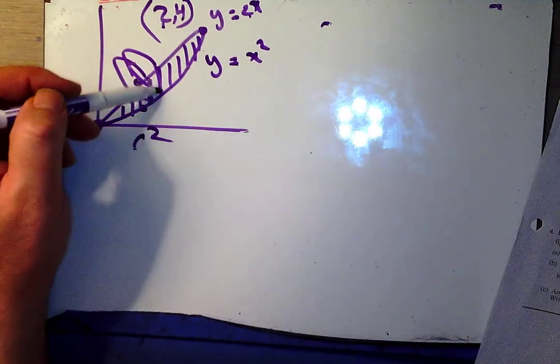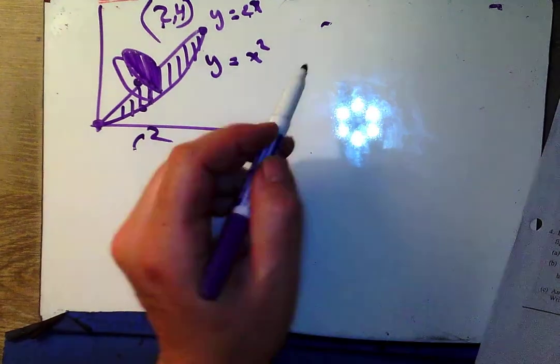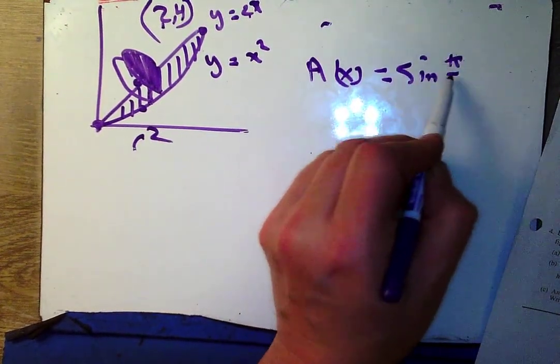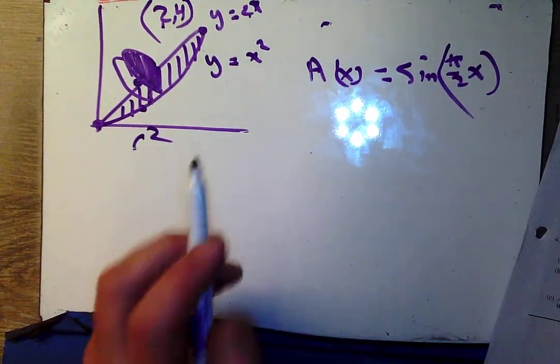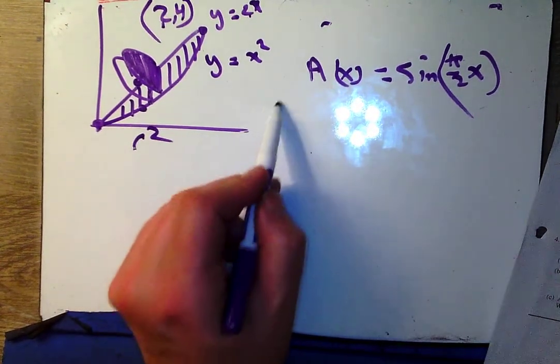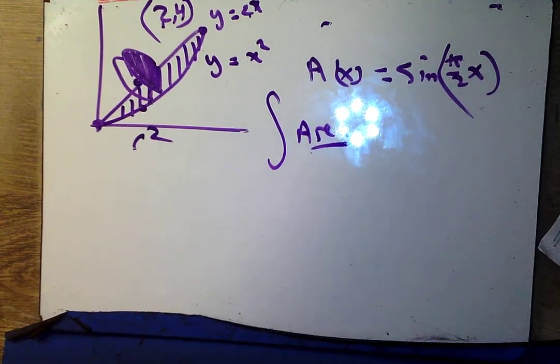What I know is that this area is, A of x is sine of pi over 2 x. Okay, and remember, and one of the reasons I said it that many times, when we're looking for volume, we're integrating area. Okay, we want to integrate area. That's what we're doing here. So, what's our area in this situation?